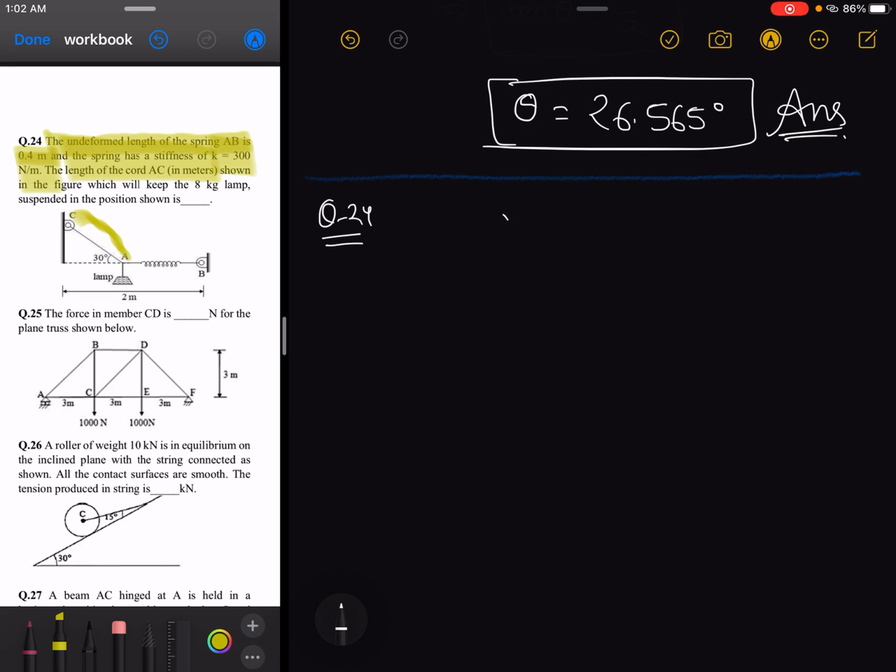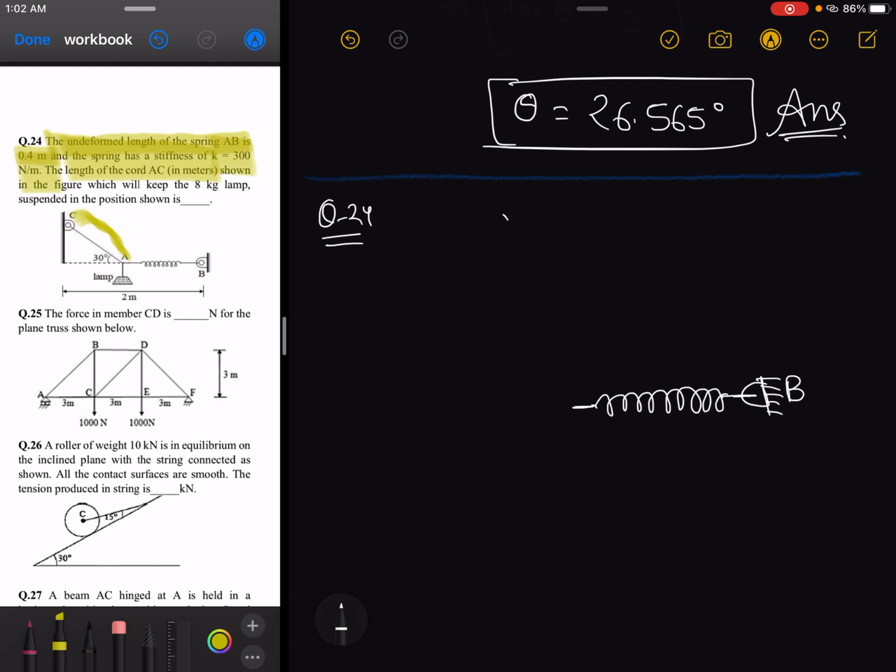Okay, initially the spring was mounted like this. Initially the spring was mounted like this. This is our spring at the location B. Clear? And initially I have not attached any lamp in this question. So initially the natural length of this spring is 0.4 meter.